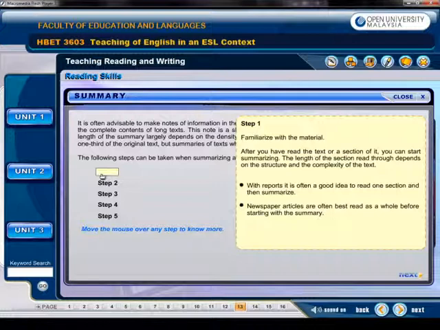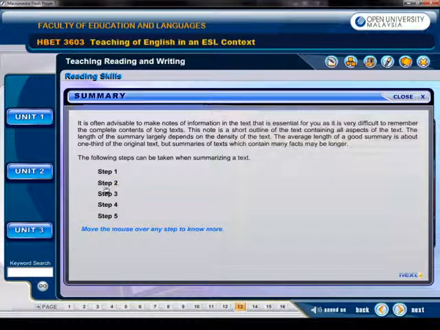The length of the section read through depends on the structure and the complexity of the text. With reports, it is often a good idea to read one section and then summarize. Newspaper articles are often best read as a whole before starting with a summary.